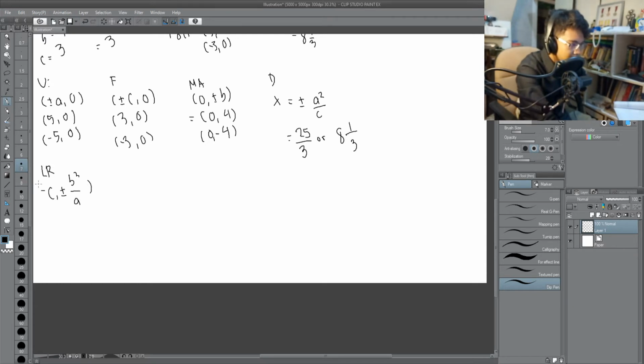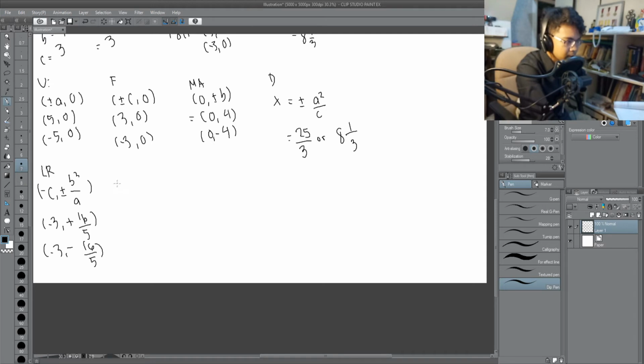So negative c becomes negative 3, and plus b squared is 16 over 5, and again negative 3, but this time that's negative.